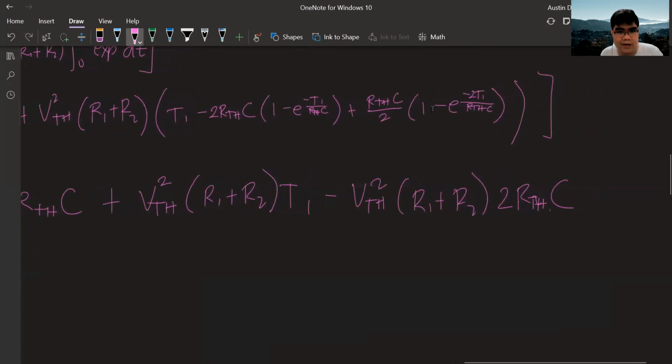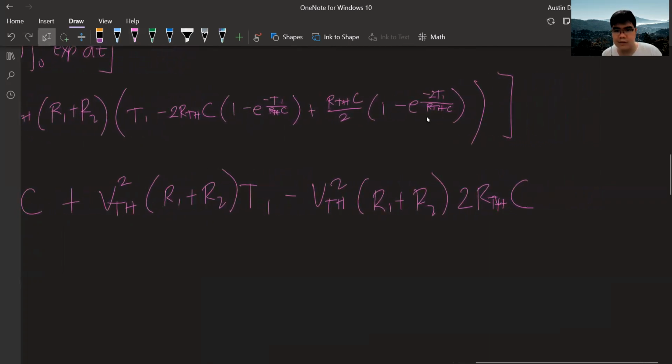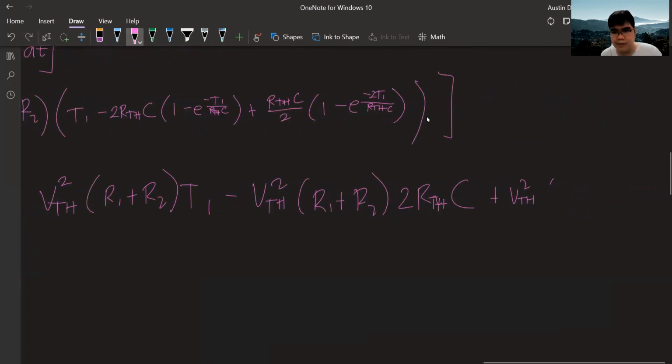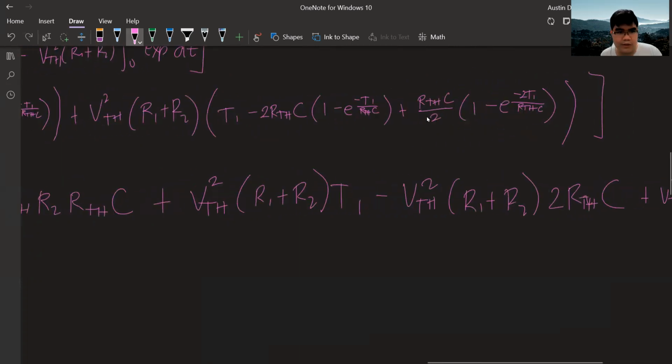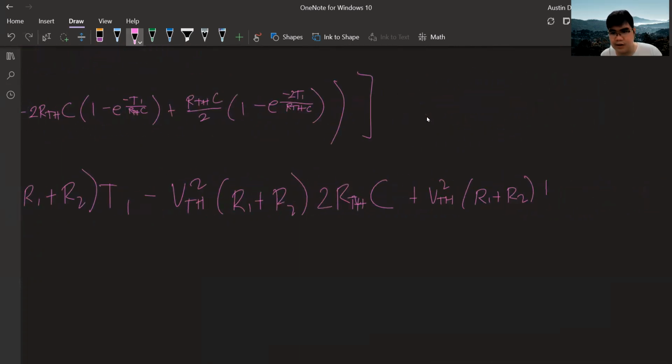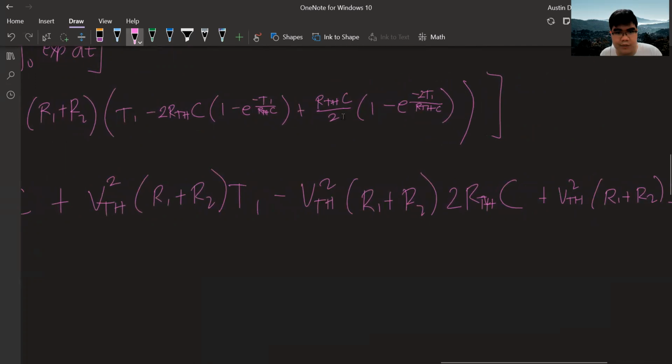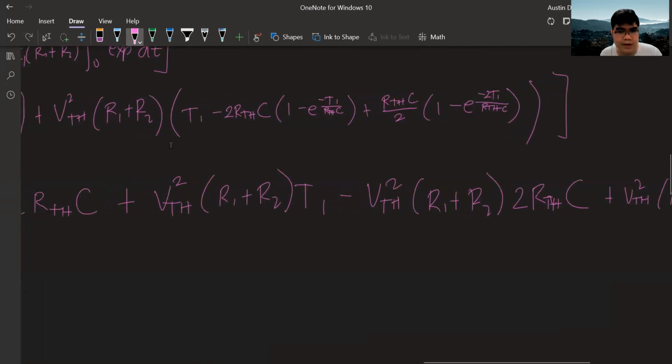So V_th squared, plus V_th squared (R1 plus R2) tapos R_th C over 2. Okay, so positive, positive, okay.